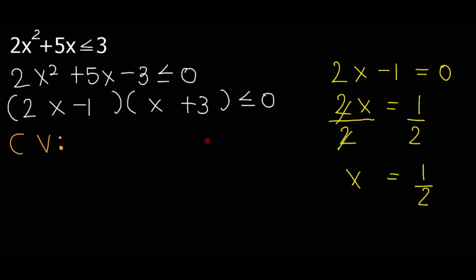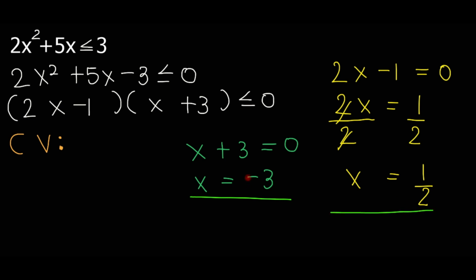And then I did the same thing got this one, which is x plus 3. So regular x plus 3 is equals to 0. And then from there I solve for x. Regular x is equals to negative 3. So it means our critical value is x is equals to minus 3 and then x is equals to half.